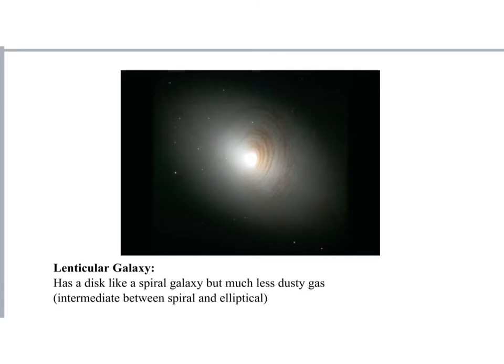How about this one? This is called the lenticular galaxy because it kind of looks like, can you guess? A lentil. So it has a disk like a spiral galaxy, but much less dusty gas.